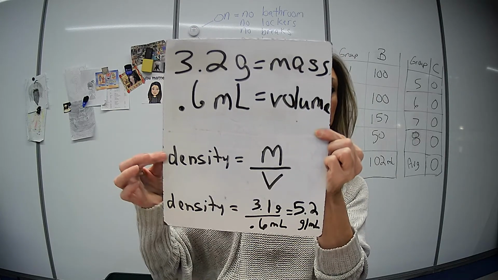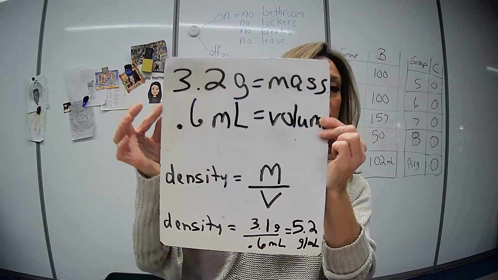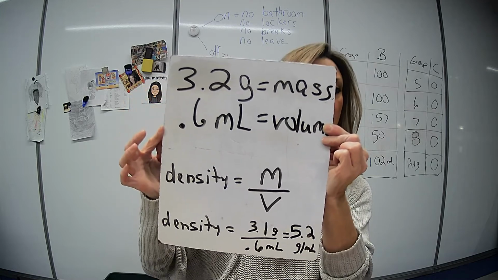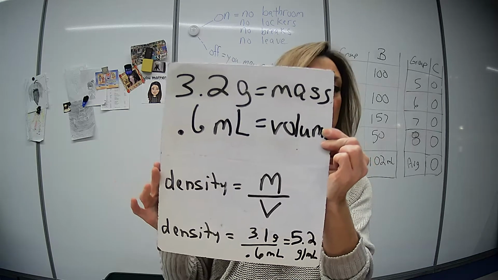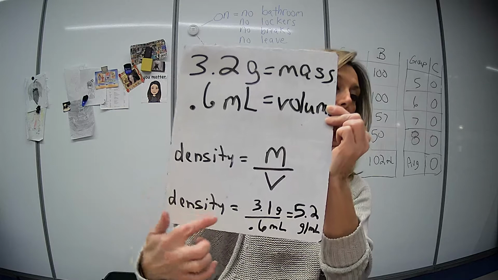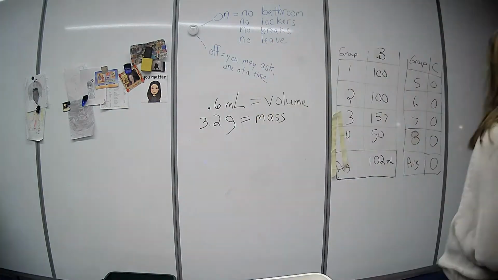So to figure out the density of an object, all you need to do is divide mass by volume. So you're going to take the mass and divide it by its volume. Okay, that's 0.6. So the density, if I take mass divided by volume, I plug in my numbers, 3.2 actually, isn't it?